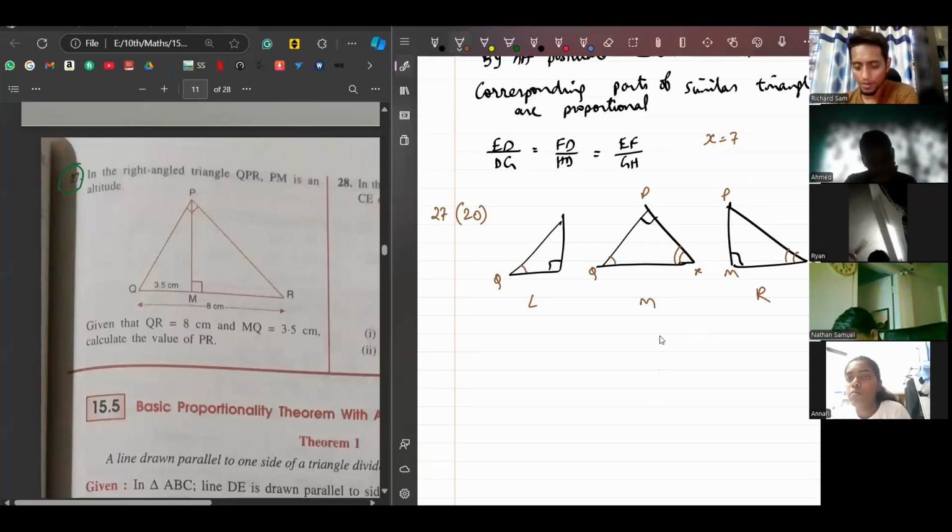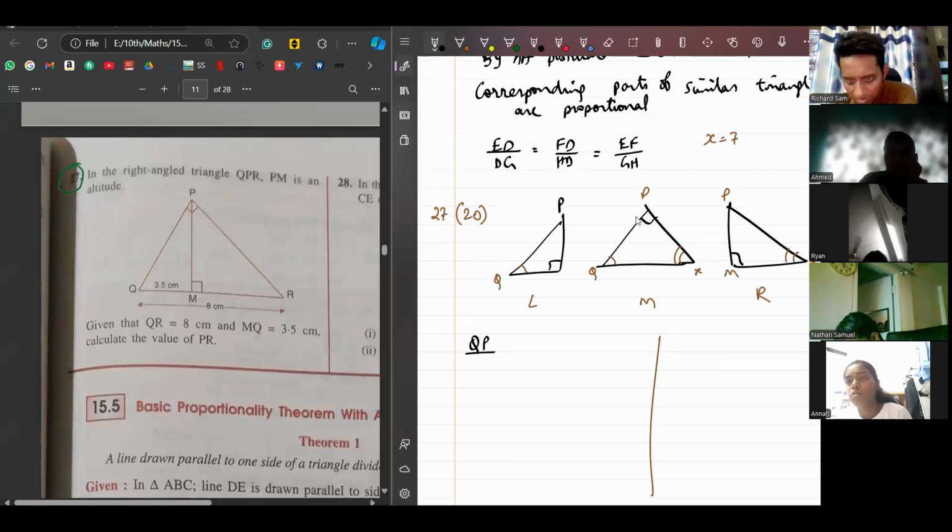Now for the left and the middle, which sides are corresponding? Let's start with the hypotenuse. On the left, what is the hypotenuse? QP. On the middle one, which is the hypotenuse? QR.